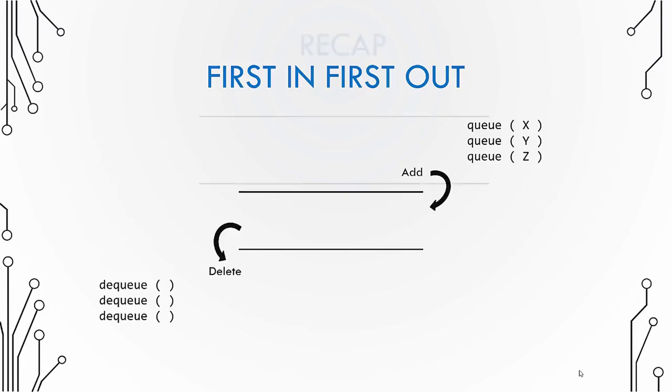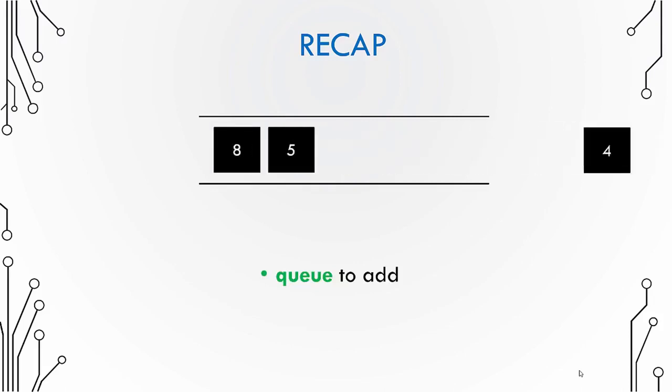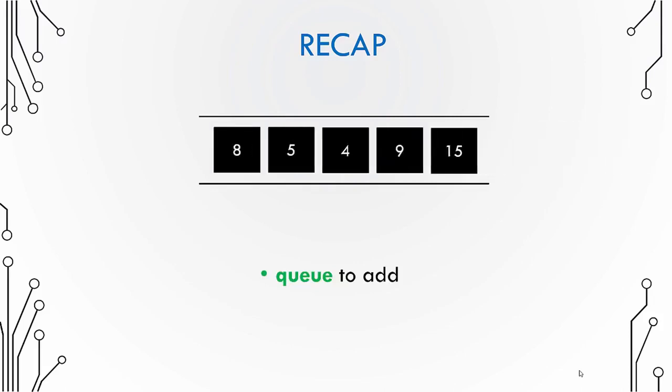Easy, right? So let us have a quick recap of what we have learned in this video. We have learned that a queue is a collection of objects and you have two primitive operations. One is to add elements, another is to delete elements. The process of adding an element to the queue is called queuing, and elements are added to the back of the queue.